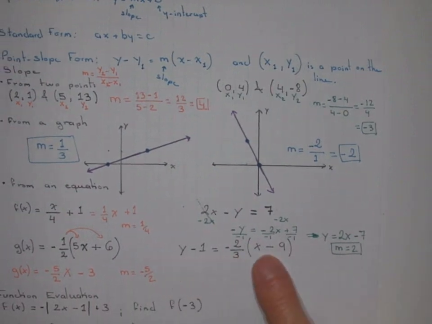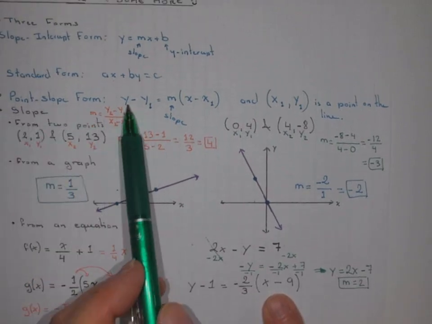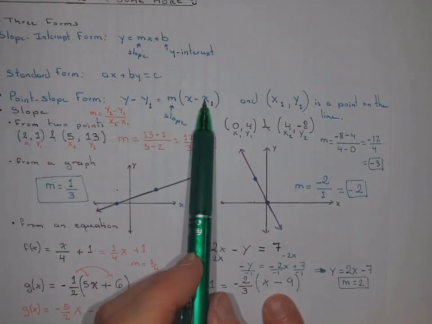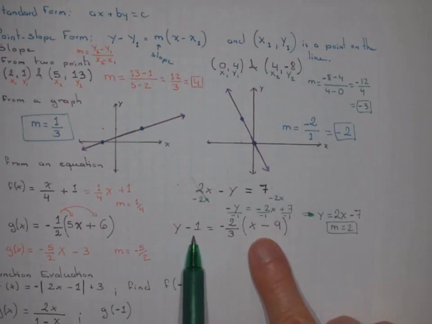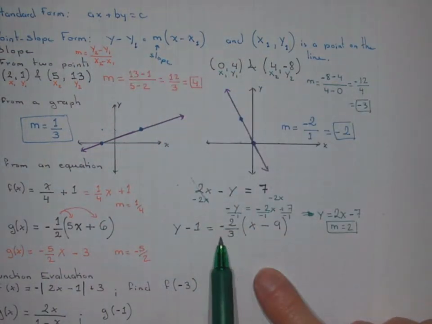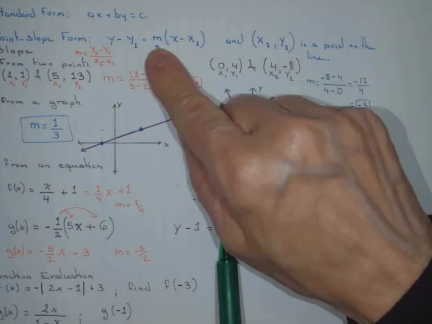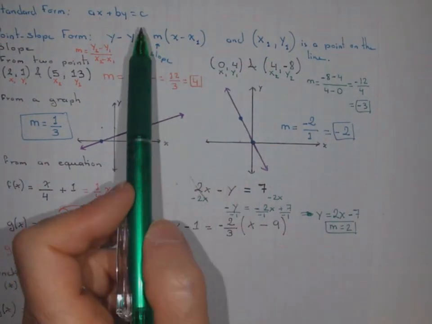This equation, if you pay attention to the three forms you have, will be in point slope form, because I have my y minus a number, which is my y1, equals something which will be my m here, and then the x minus a number.